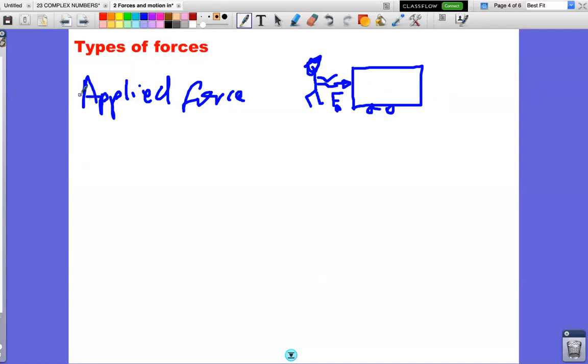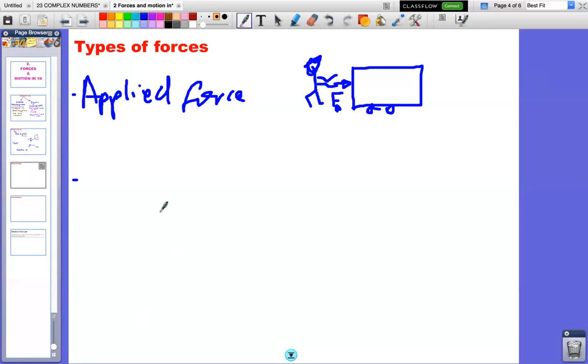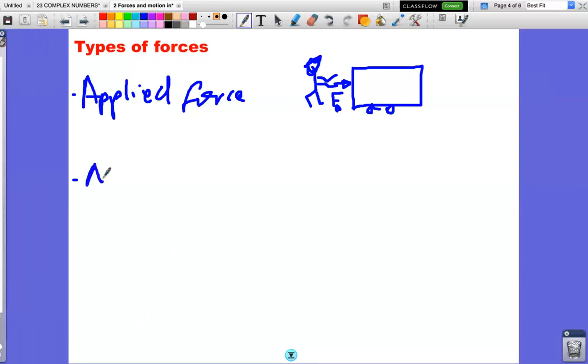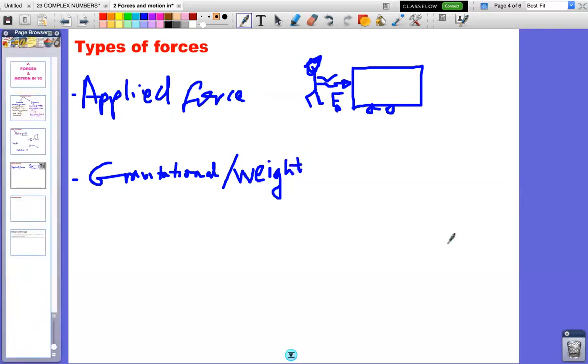The second type of force I would like to look at, a very important type of force, is the normal contact force. But before I talk about normal contact, I would like to talk about gravitational force, or weight. The weight of an object.